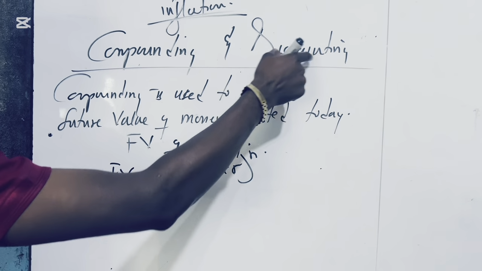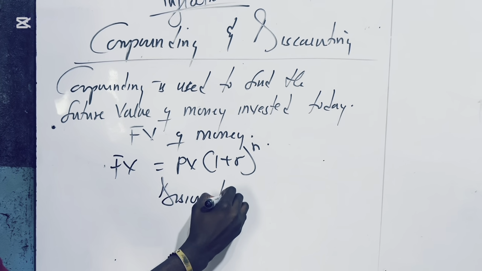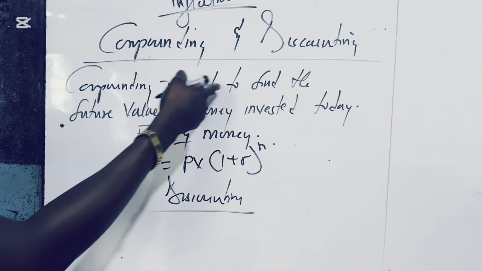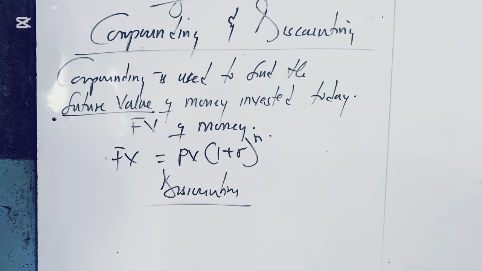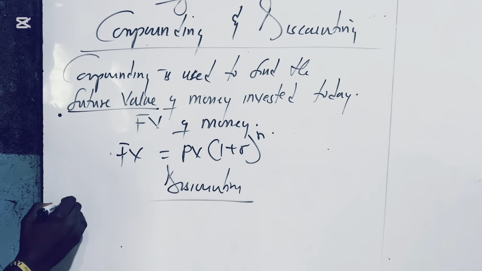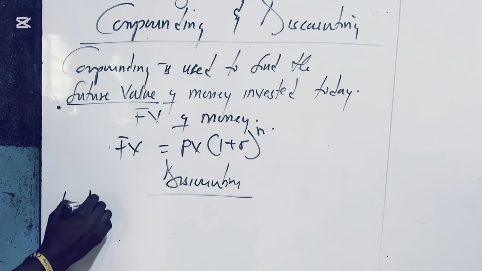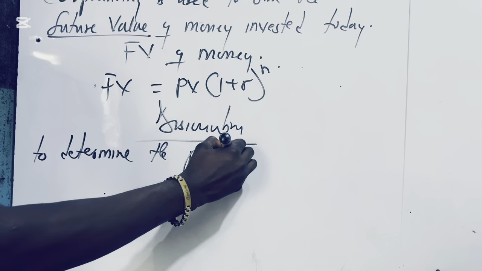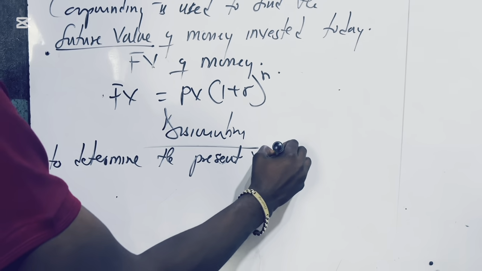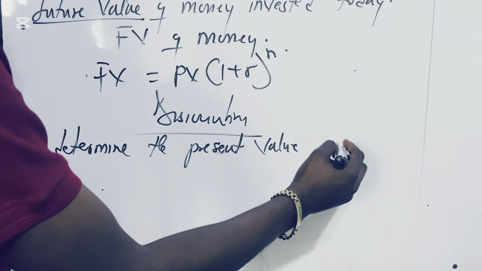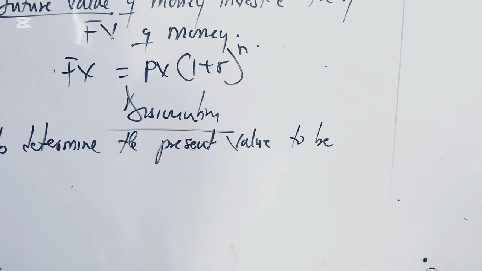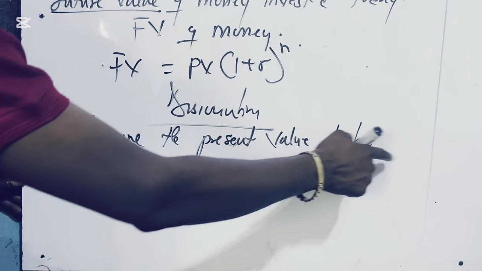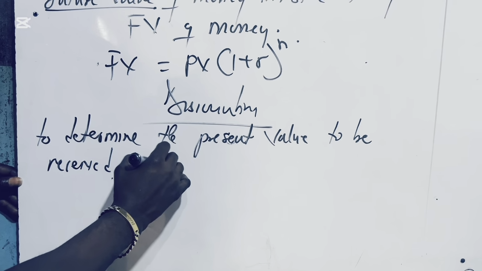Then when we talk about discounting, it is just the vice versa of compounding, the reverse of compounding. While compounding is used to find the future value of an amount, discounting is used to determine the present value of an investment to be received in the future.